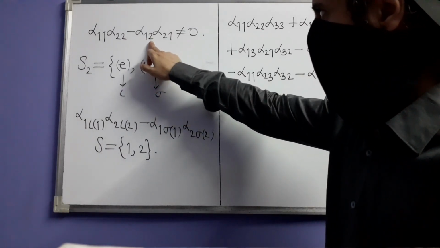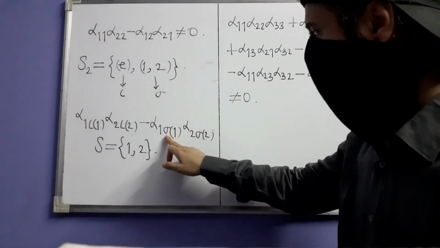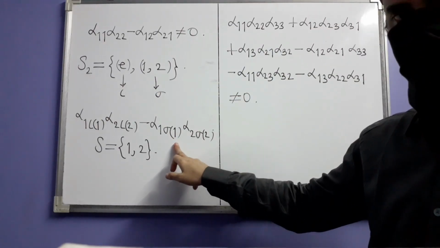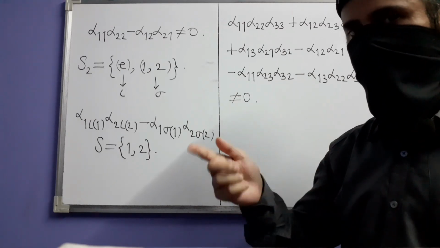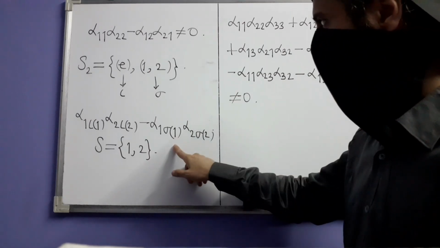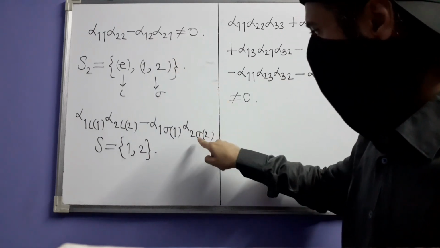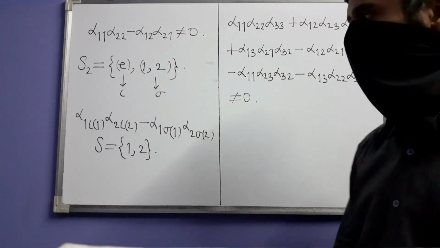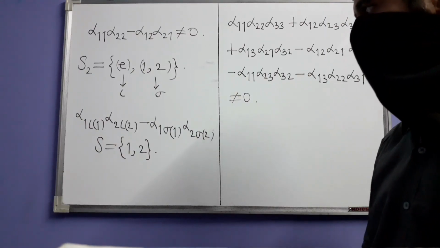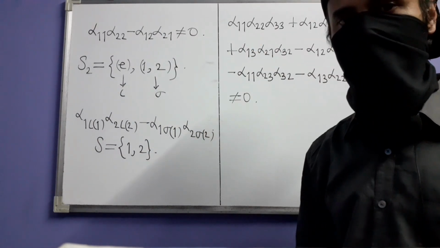What do we do here? In place of this 2, we can write sigma of 1. Sigma of 1 is equal to 2. Sigma interchanges the two elements. And in place of this 1 here, after 2, you write sigma of 2, because sigma of 2 is equal to 1. So in this way, we seem to have figured out how the coefficients are coming.